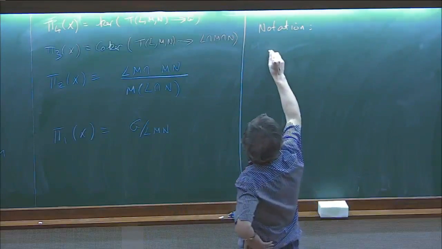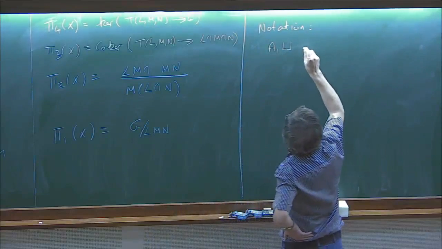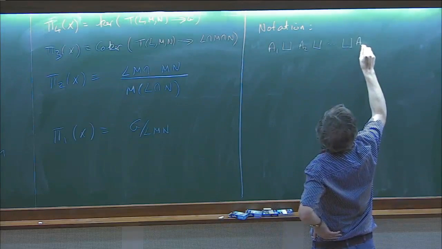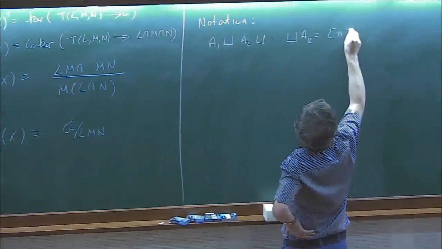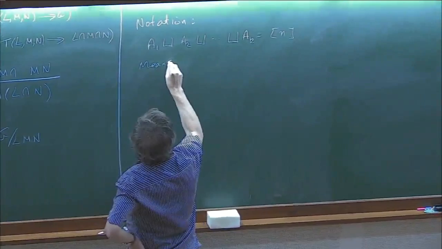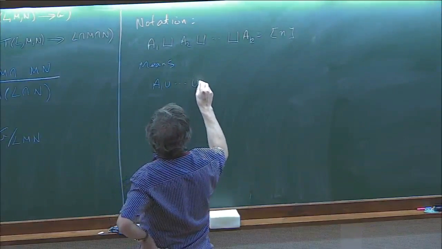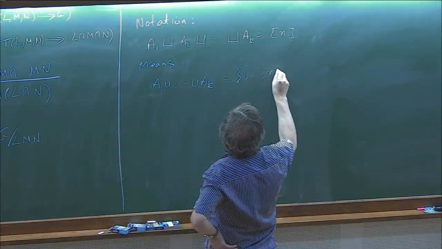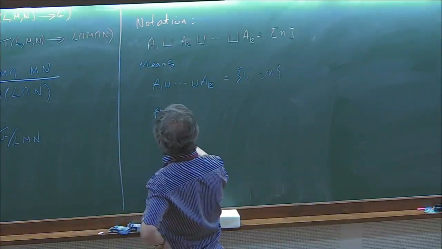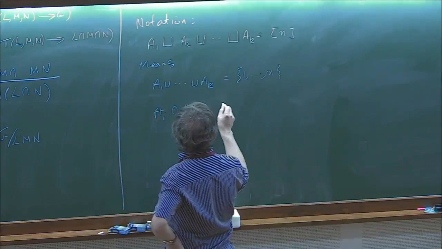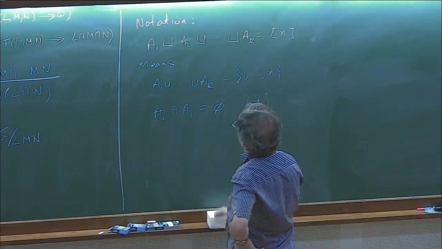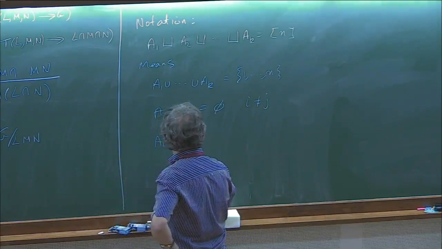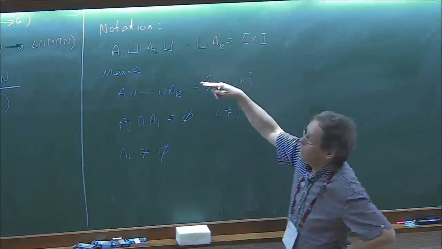Suppose I have a number of sets, A1 to AK, and I'll write that equal to N to mean that the union of the A's, K sets, is equal to 1 up to N, that they're pairwise disjoint, and that none of them are empty. Okay, so I'll use that notation to mean these three conditions.